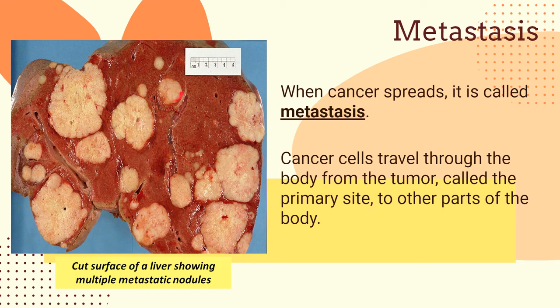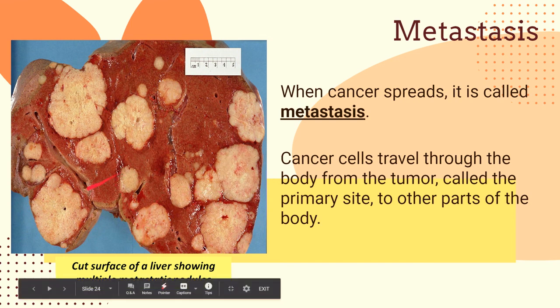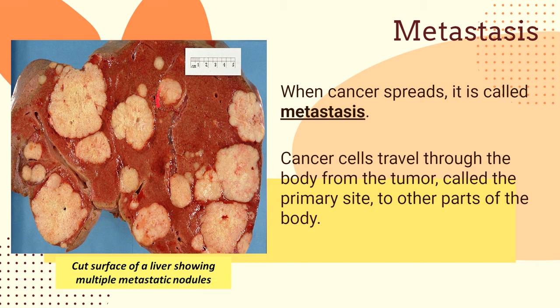Each and every one of these tumors are cancer cells that have metastasized already. Cancer cells travel through the body from the original tumor or the primary site to other parts of the body. They usually go through the bloodstream. When they spread, that's called metastasis.